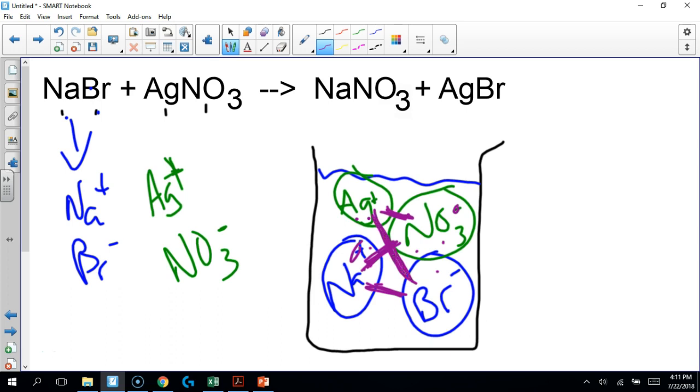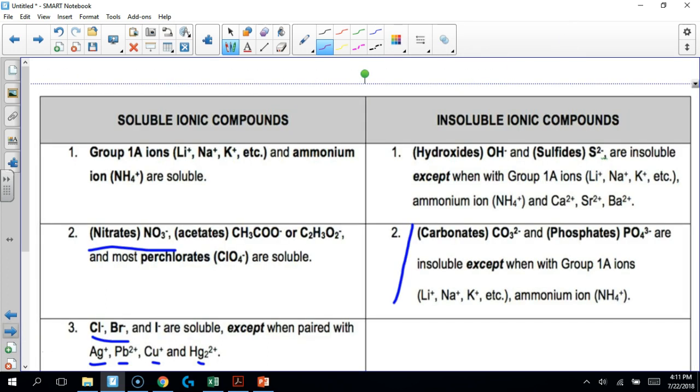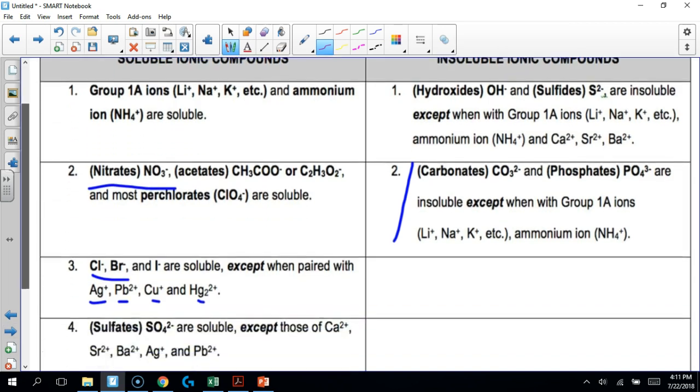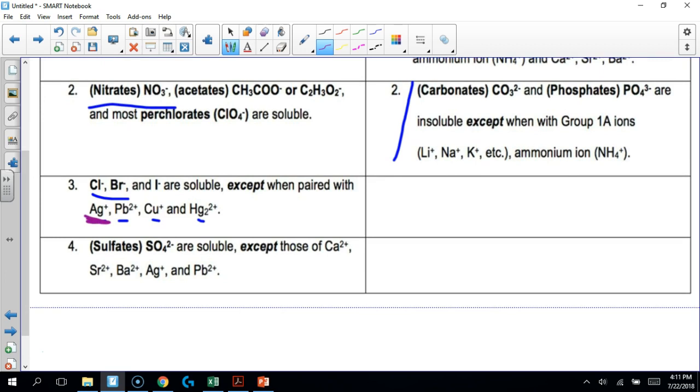And why does that reaction happen? Remember, those reactions happen because one of the compounds would not be soluble. So if we go back to our list of solubilities, my guess is, if you look here, silver and bromine, when they're together, are not soluble.